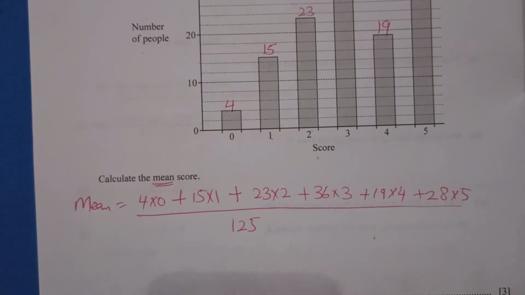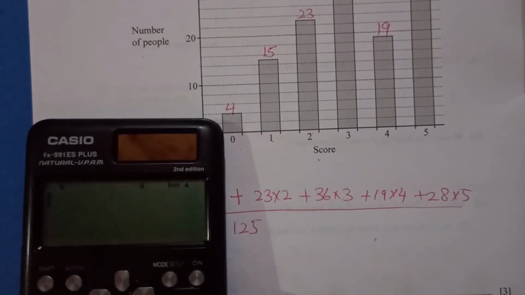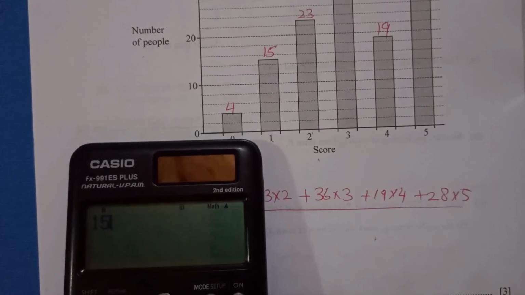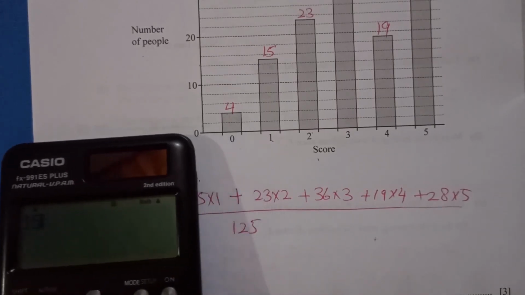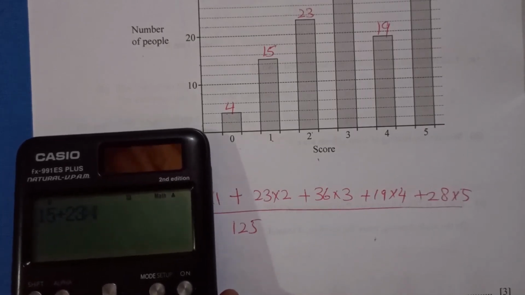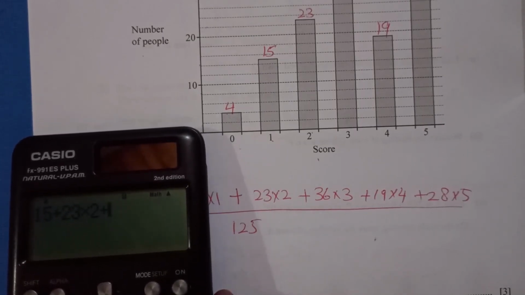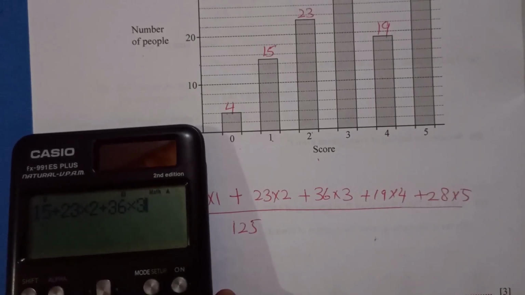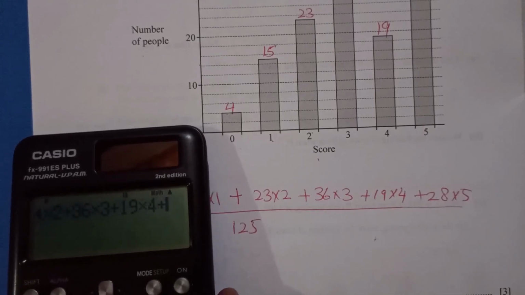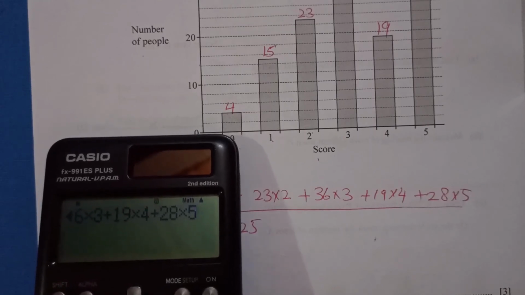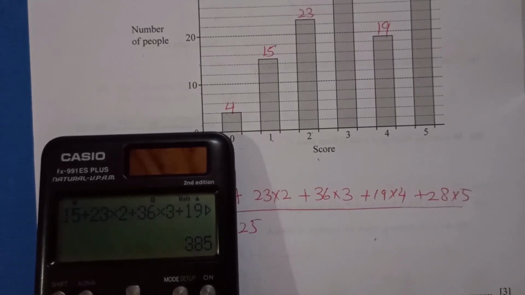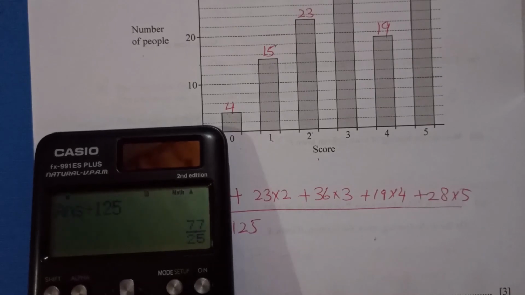So when you calculate this one, 4 times 0 we can leave that. So 15 times 1 is 15. So I'm just writing 15 plus 23 times 2 plus 36 times 3 plus 19 times 4 plus 28 times 5, that is 385 divided by 125.